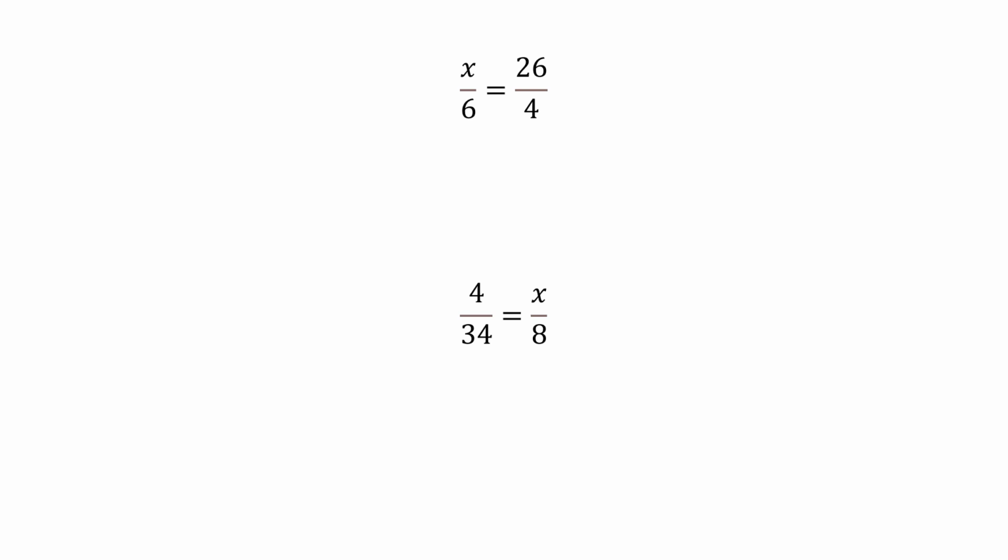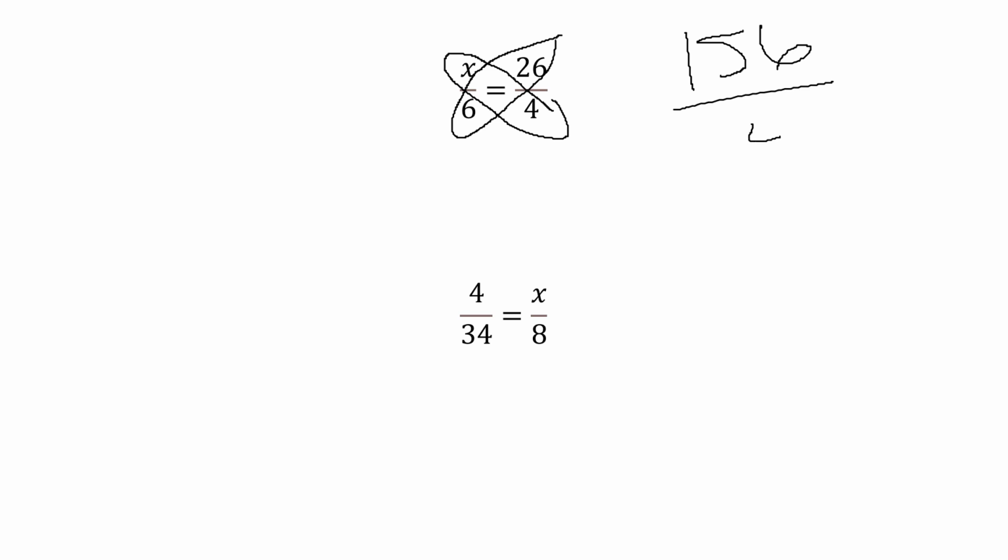So let's work these real quick. We're going to circle. We're going to multiply the pair, so 6 times 26 is 156. Divide by the single, which is 4. And I know that this can reduce at least because they're both even. When I type this in my calculator, 156 over 4, I'm going to use the ABC key, so my answer is in fraction form. This one simplifies all the way to 39. That's my answer. Okay, let's try this one.